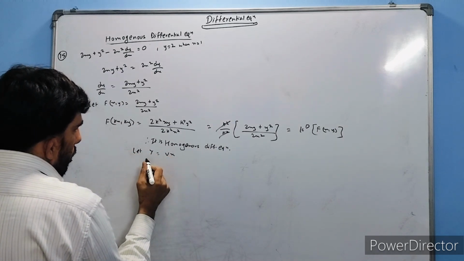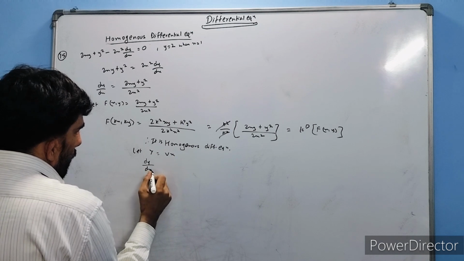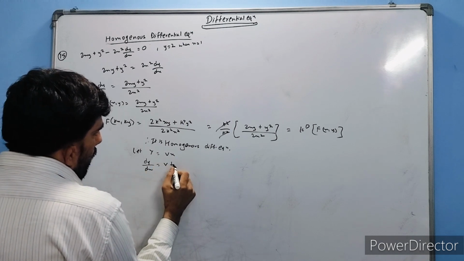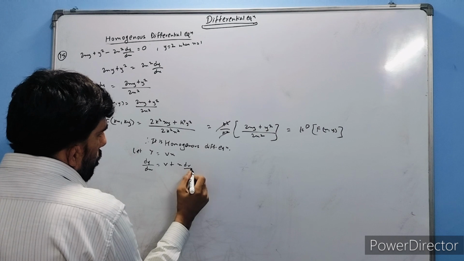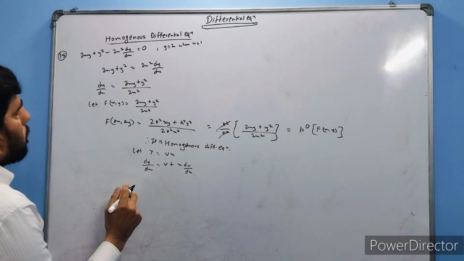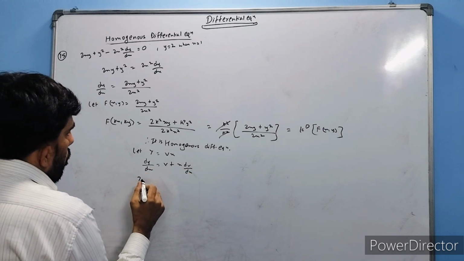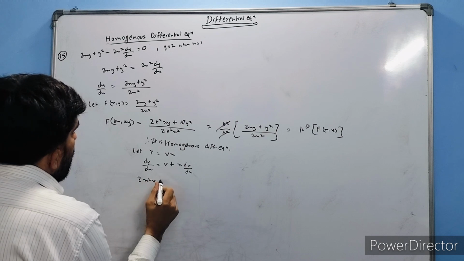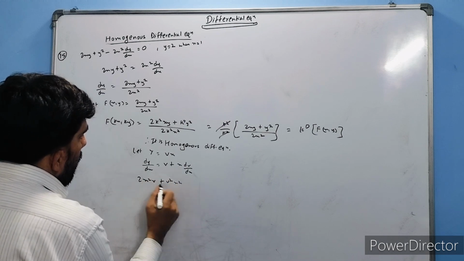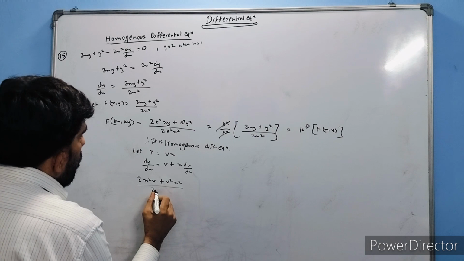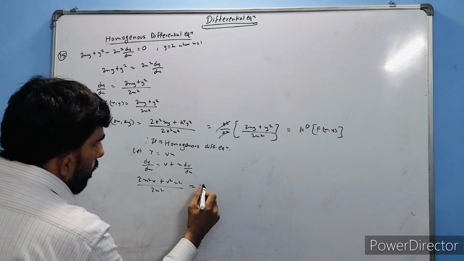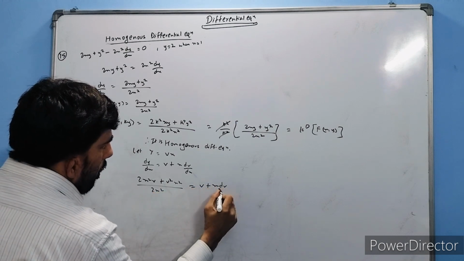Okay, so now we let y is equal to vx. So we will have dy upon dx is equal to v plus x dv upon dx. Now put dy upon dx: we have 2x square v plus v square x square upon 2x square is equal to v plus x dv upon dx.